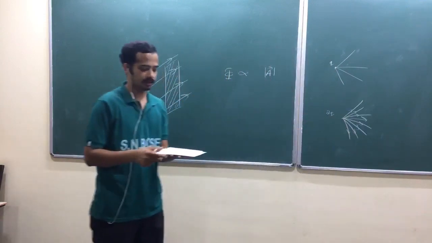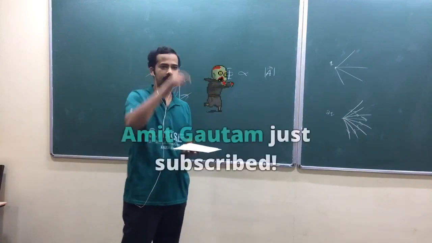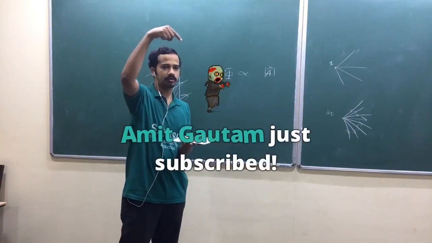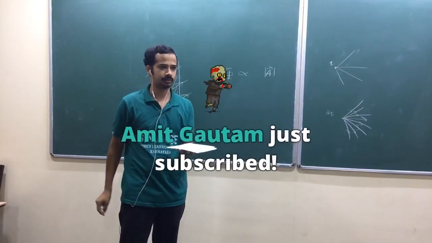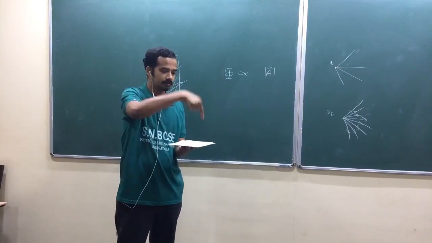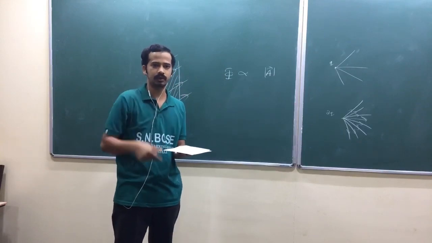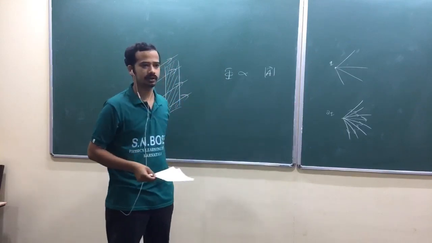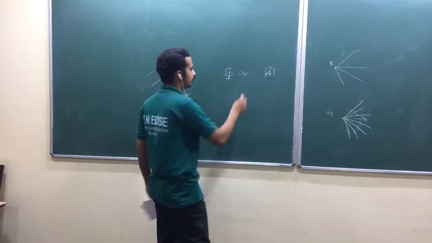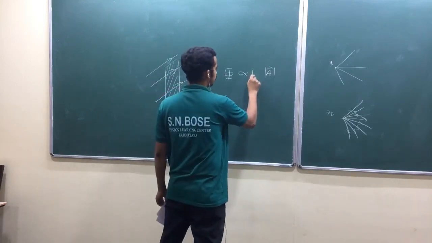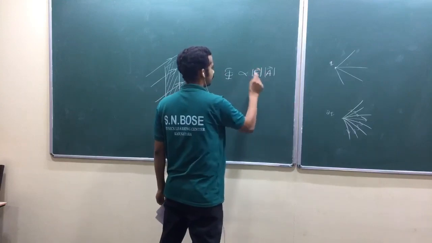Now obviously, when you increase the strength of the field, what would happen? Suppose you are increasing the intensity of this light source, then more light rays are going to pass through this, and obviously then flux is also more. Am I right? That's why flux is proportional to the magnitude of the electric field, let me take electric field as my vector field.